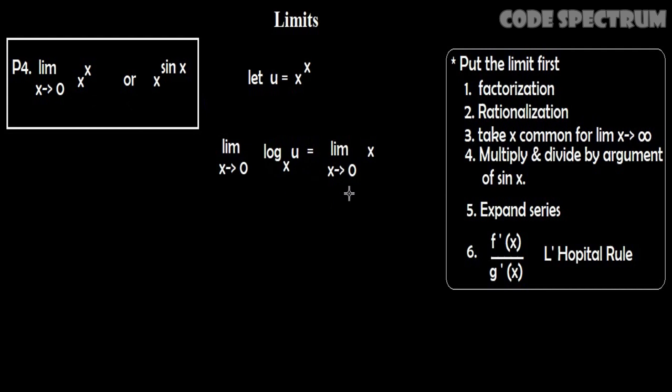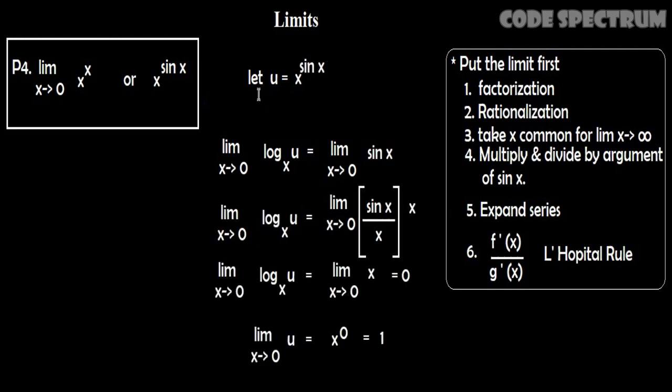So now we can write like this, and you can write limit of x log x as x tends to 0 as 0, and you can replace the same as it is. Also you have to find out the limit of x tends to 0 of u, so you can take this log to the other side, and you will see like this, 0 equals to 1.